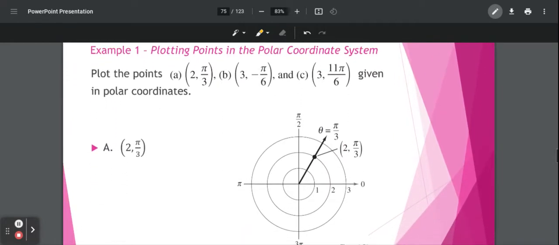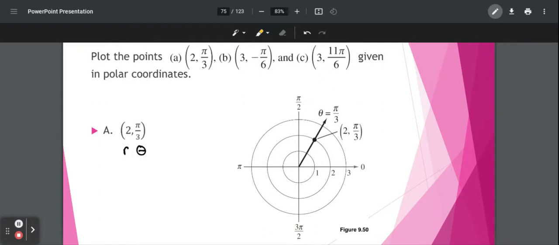So we're going to first just plot a couple points here and talk about why they're plotted where they are. The first point, 2, pi over 3. Remember, 2 is your r and pi over 3 is your theta. When we construct these polar coordinates, you have all these circles, and your first circle would have a radius of 1, your second radius 2, third radius 3.